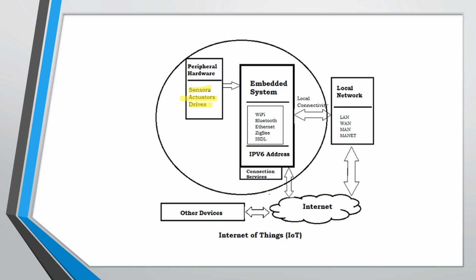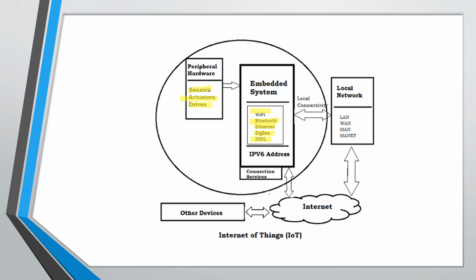They are also hardware components. Now, when we talk about the embedded system, we also require the Wi-Fi module or the Bluetooth module, Ethernet module, Zigbee protocol, and so on.